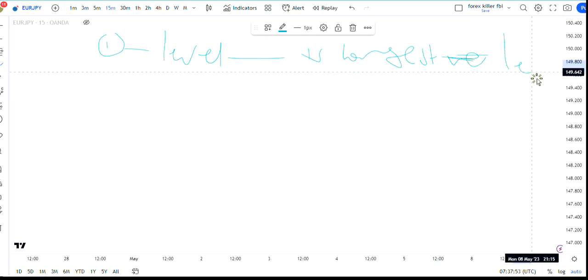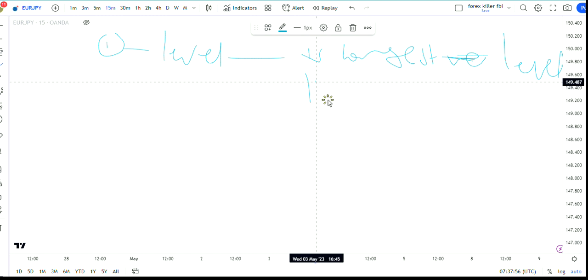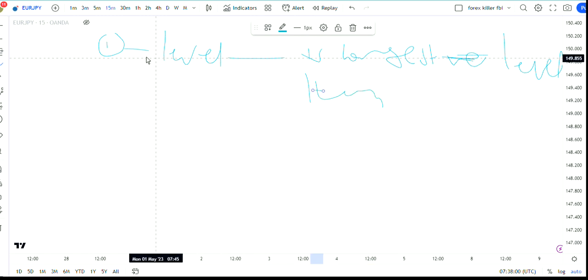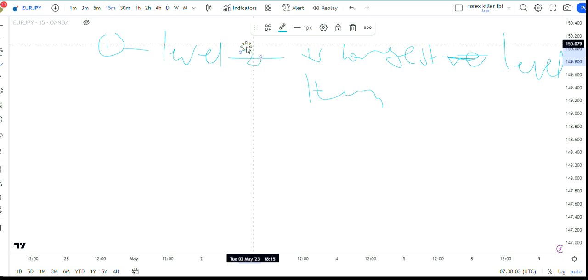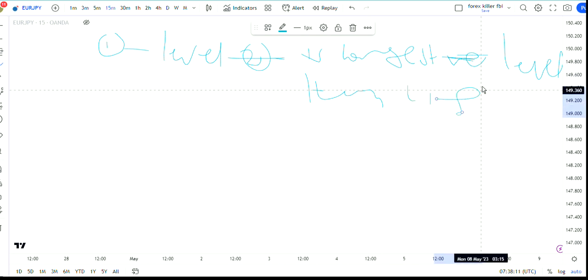Sorry, we say level 2 is the longest level compared to level 1 and level 3. So we say level 2 is the longest level than level 1 and level 3.